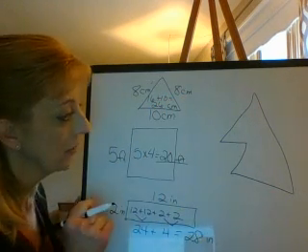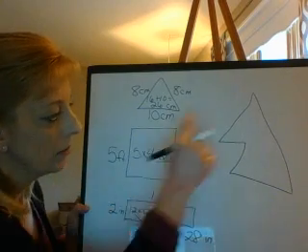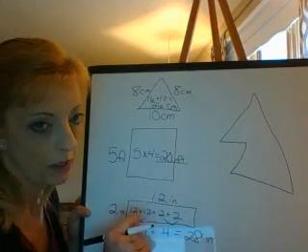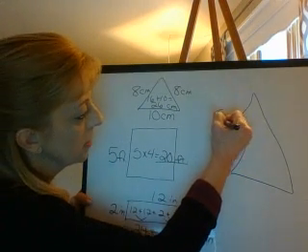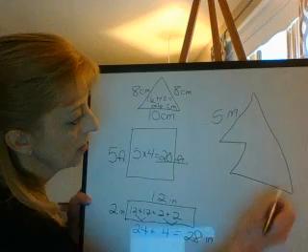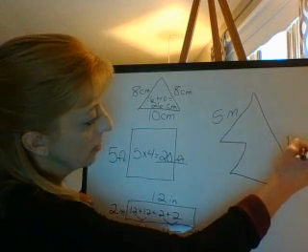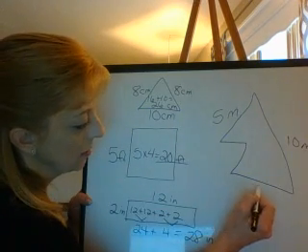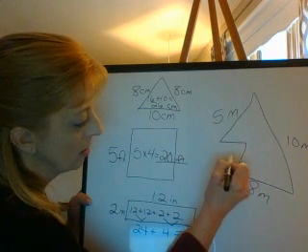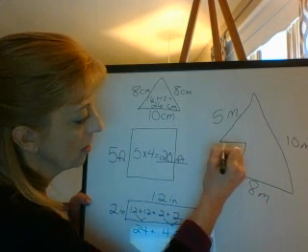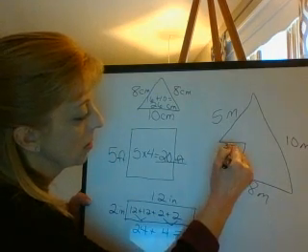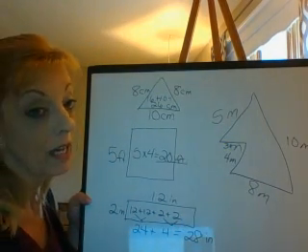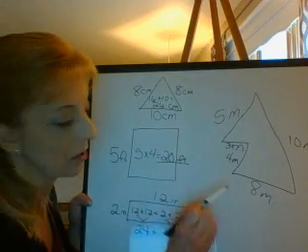Now this crazy looking thing over here, we would have to look at all of those sides. All right, so let's say this one is 5 meters. This one is 10 meters. This one is 8 meters. We'll give this one 4 meters and this one 3 meters. Now we have to add up all of those numbers, okay?